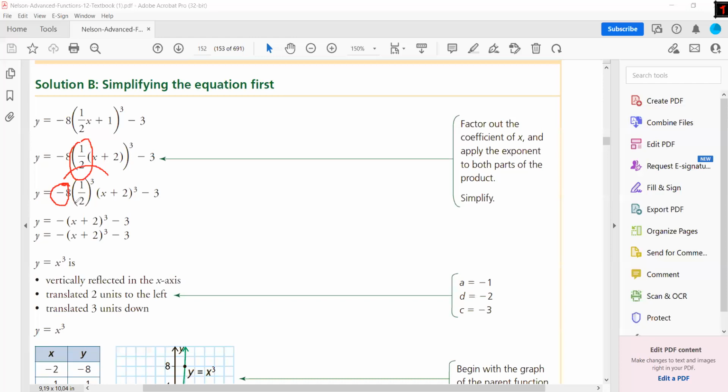A and k, we group them up and, as a residue, we have -1. So the only transformation we would have to apply in this case, without stretching the graph, is to inverse it or reflect it over the x-axis. Okay.